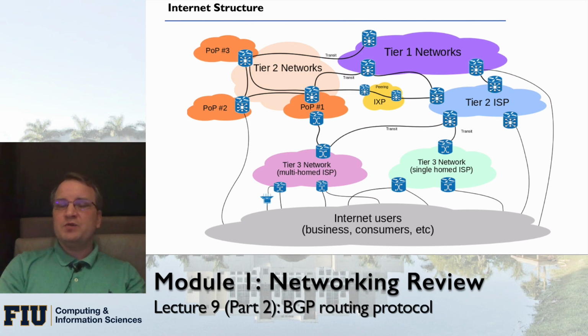But the fundamental part of the core structure is that you are always trying to send the packet towards your provider. As an internet user, you have a default route towards the tier 3 ISP, and you send the packet there. If that packet is destined to a customer of that ISP or a customer of a customer of that ISP, then it will go down.